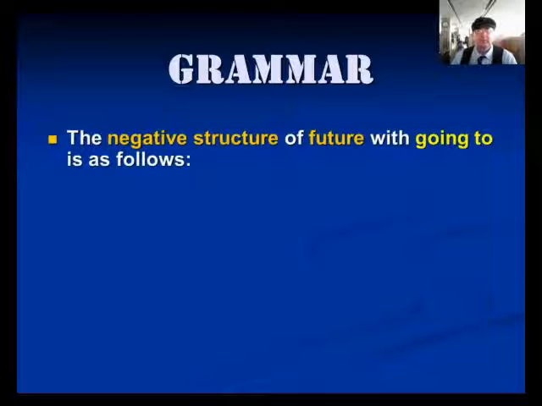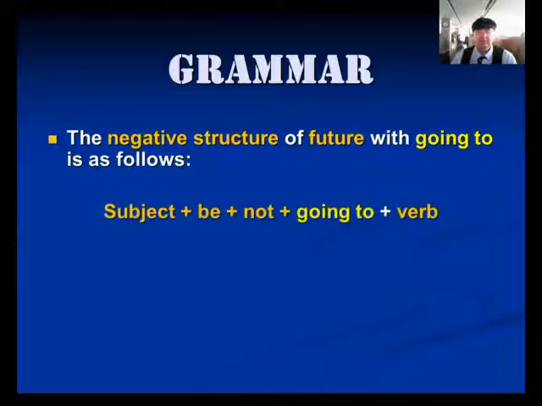The negative structure of future with going to is as follows. Subject plus be plus not plus going to plus verb.